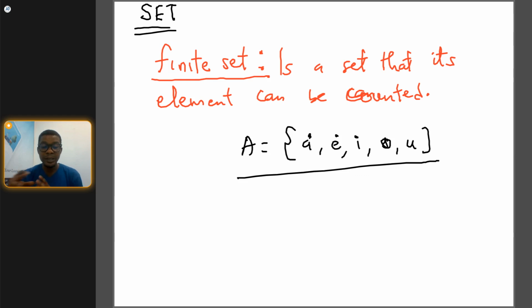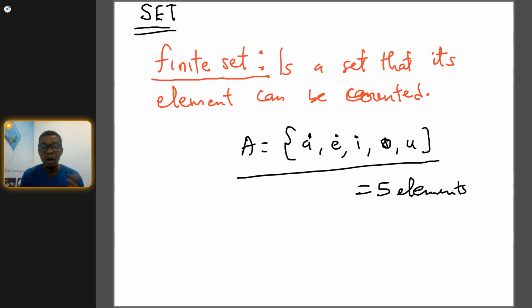If you can count them, that means it is a finite set. In this case, we have 5 elements, so it's countable. That means it is a finite set. A set whose elements can be counted is said to be a finite set.